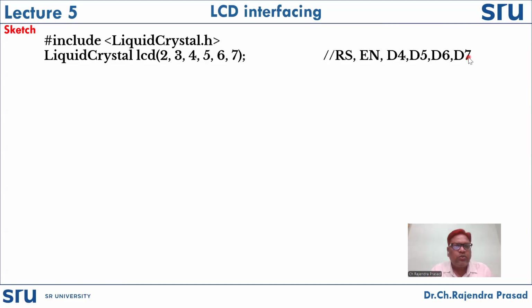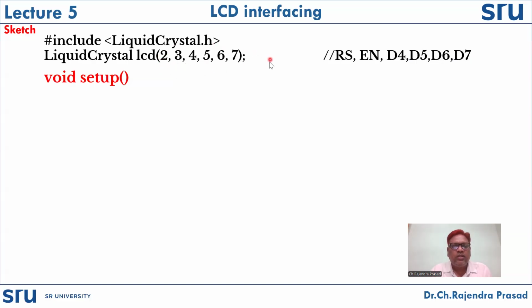Then once you define a class, you can write the setup function and loop function. Within the setup, we normally initialize our board. But since we already used the LiquidCrystal library, there is no need to define all those pins.